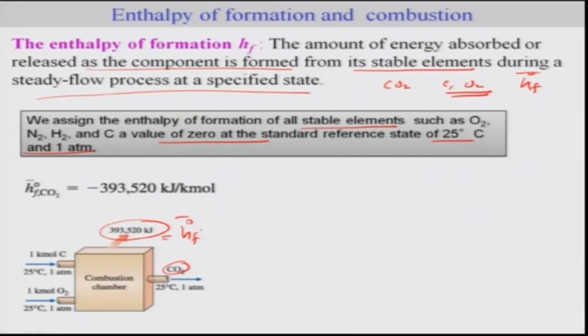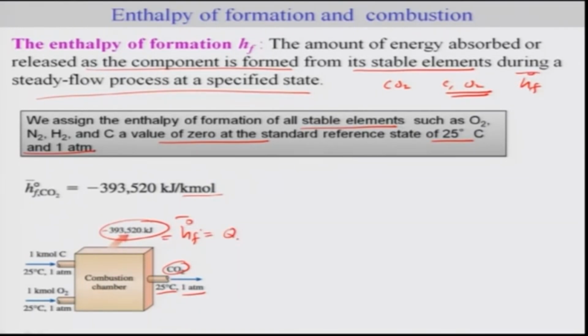This is a heat of formation. The 0 in the superscript stands for 25 degrees and 1 atmosphere, and the bar represents the kilomole unit. So this is your heat of formation, with a negative sign, your H bar F, or this was nothing but Q itself.